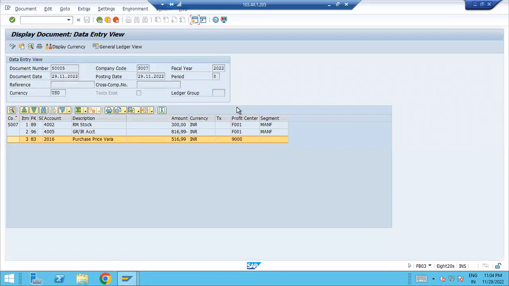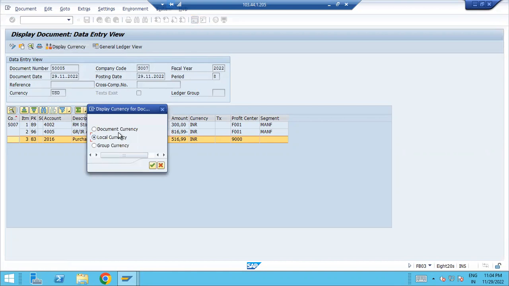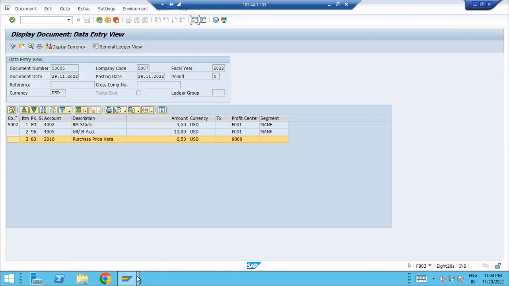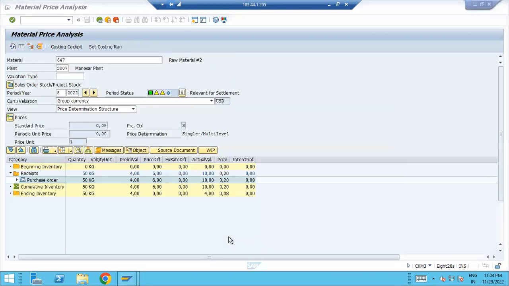So that I linked here, and this will be our cost. Okay, the purchase price is updated here, and because of this, the difference amount is captured from the material ledger point of view. This is your difference amount because your material price is evaluated as per the group currency.